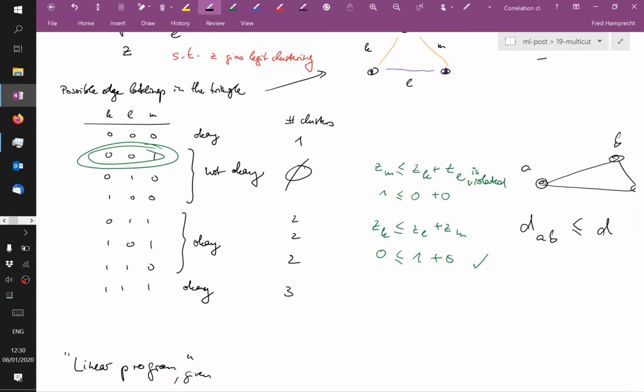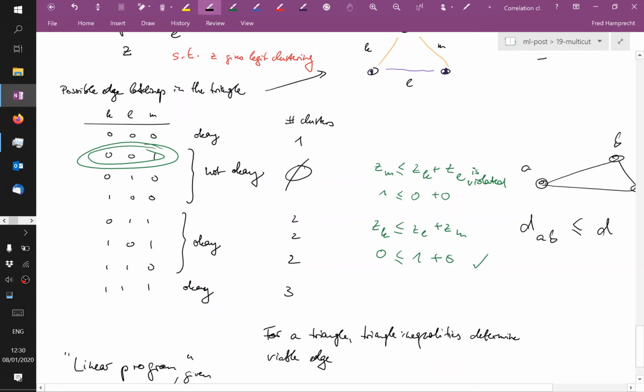So for a triangle, the triangle inequalities determine the viable edge labelings.